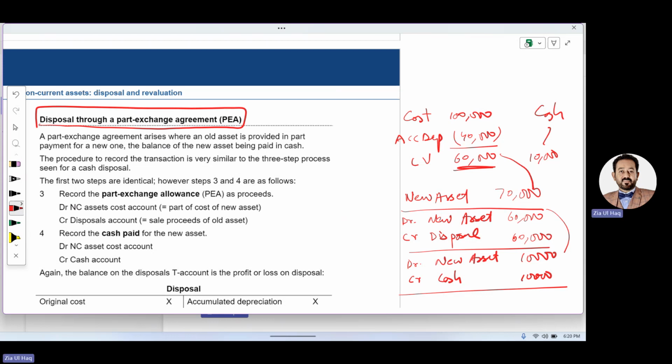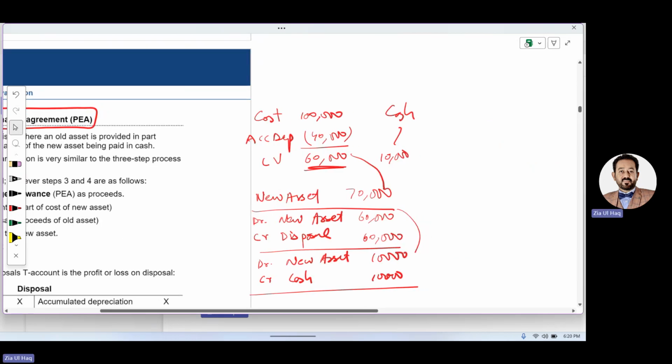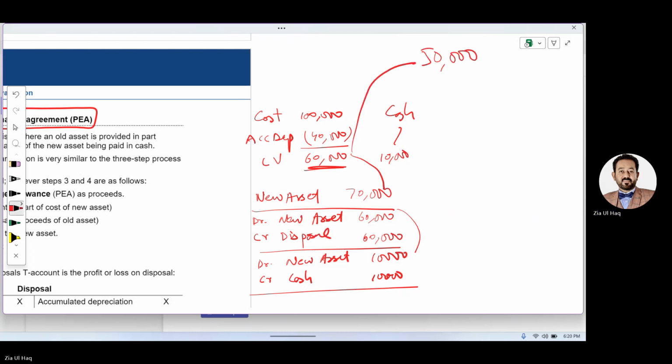It means we need to record disposal with the carrying amount. Suppose our asset carrying value is 60,000, but the exchange party says, no, I will take your old asset at a worth of 50,000. Then the disposal value is 50,000.